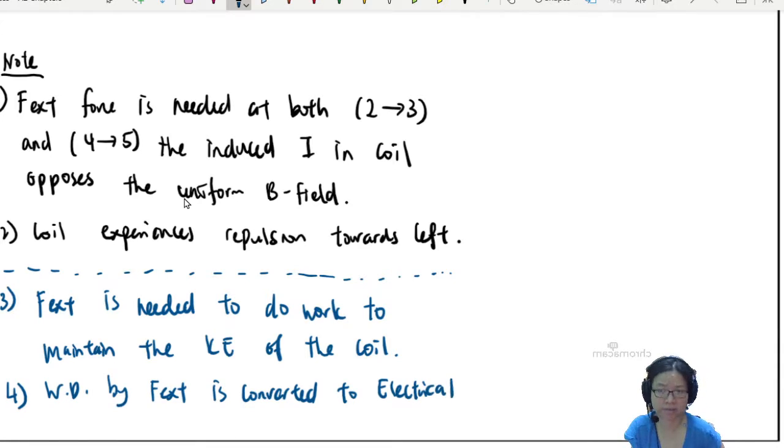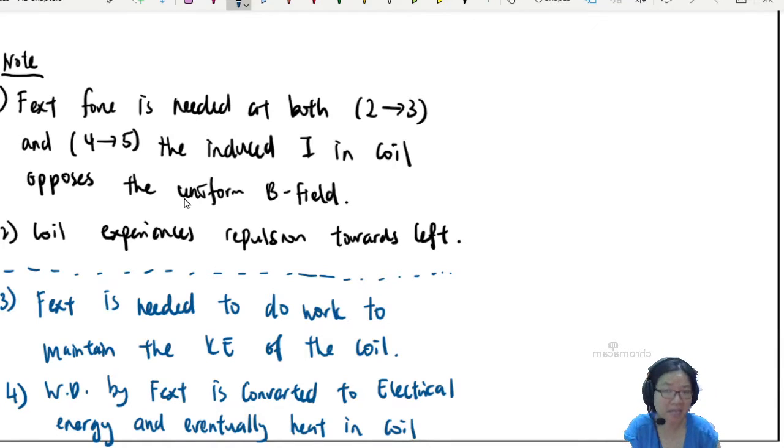Because energy doesn't come from nowhere. So although you induce EMF on the coil, this coil creates its own current, it is drawing that energy from the fact that your hand is dragging the coil in. Okay, so the work done by the external force is converted to electrical energy and eventually heat in the coil.